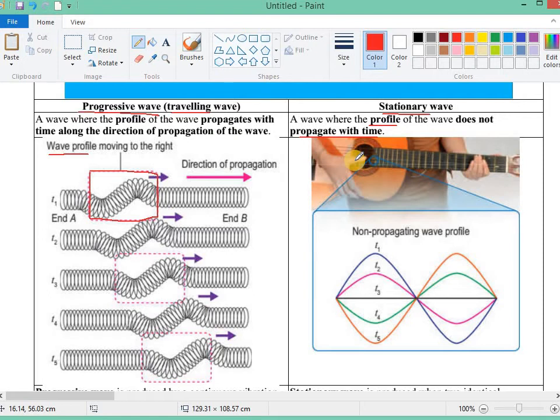The wave profile doesn't move. That's correct. Let's see that. Frequency is 1 second.